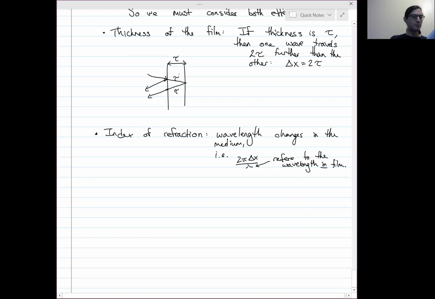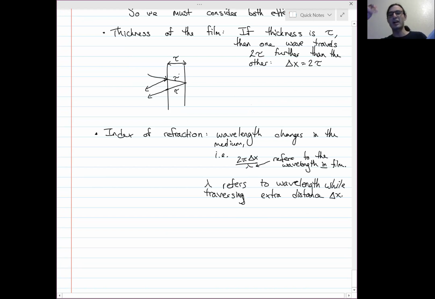So, put into words, the lambda in the delta phi refers to the wavelength while traversing the extra distance delta x.